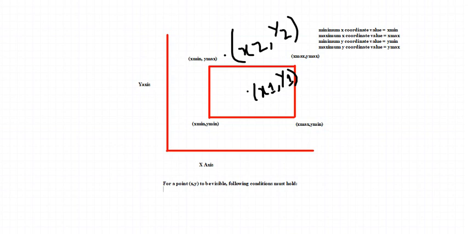The x must lie within the range of x min to x max. It implies x min must be less than equals to x, must be less than equals to x max. Similarly, y value must lie within the range of y min to y max. So y min less than equals to y less than equals to y max.